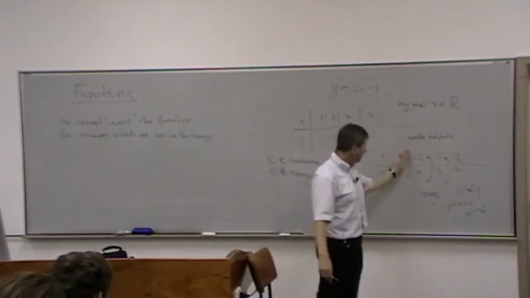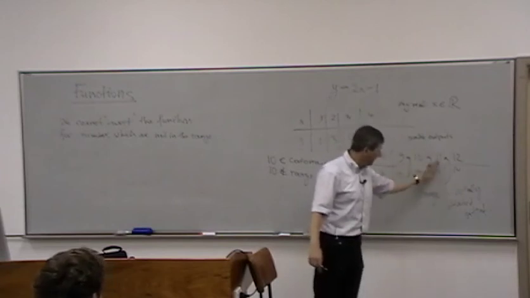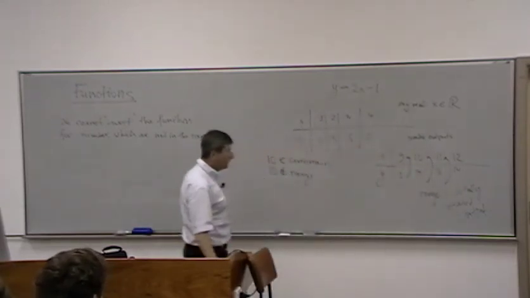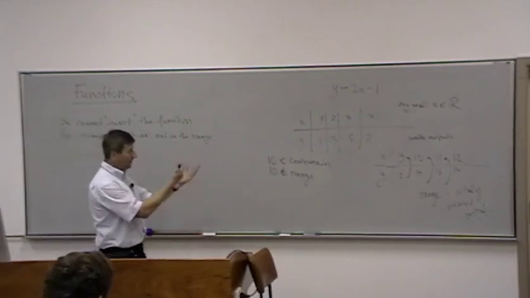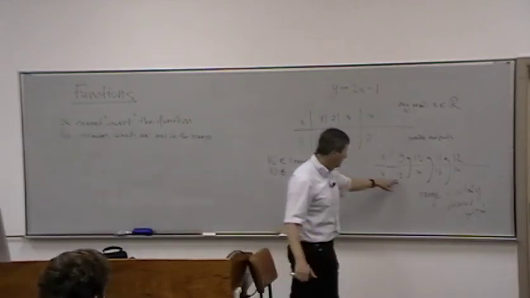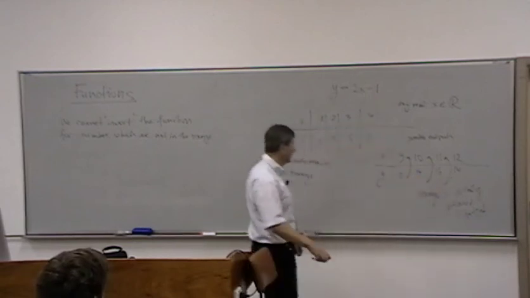We can only define a function which goes the other way. This is called the inverse function, if it exists. We can only do that for numbers which occur in this table downstairs.